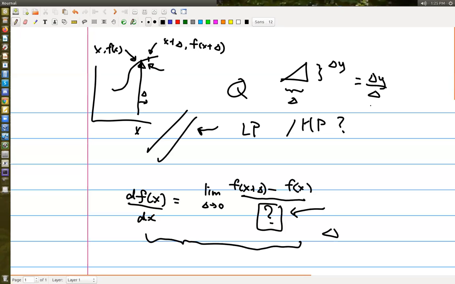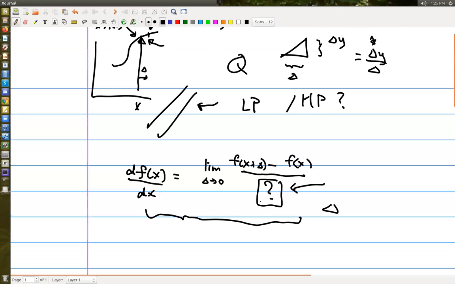Delta y is just f(x plus delta) minus f(x). So if we do a very rough discrete approximation and set delta equal to 1, we just get f(x plus 1) minus f(x) over 1. That's why we have that approximation earlier.